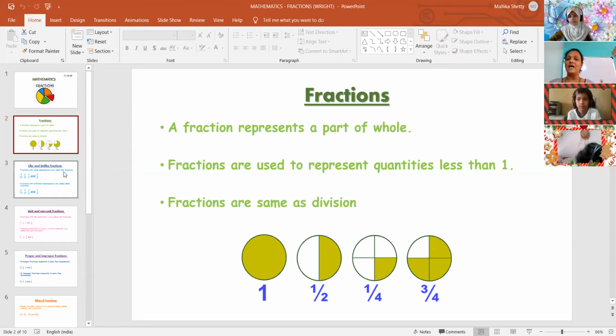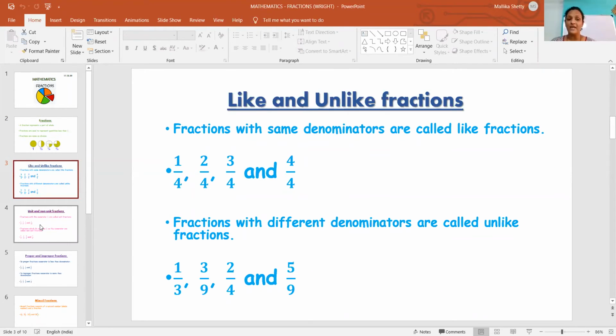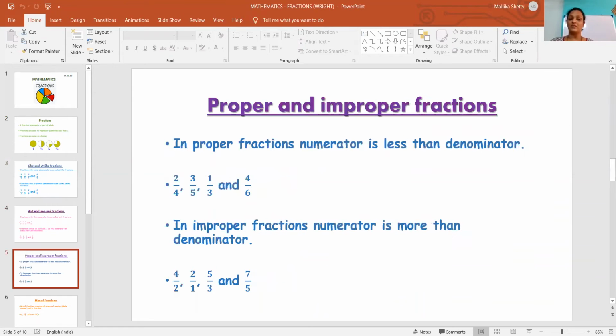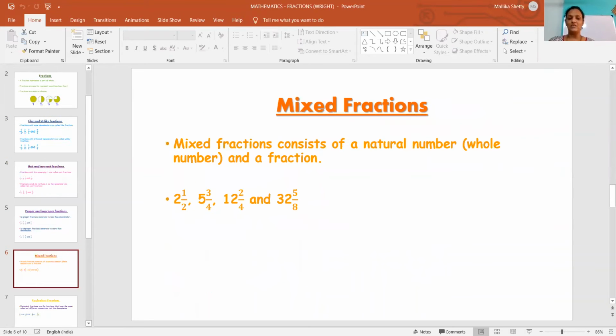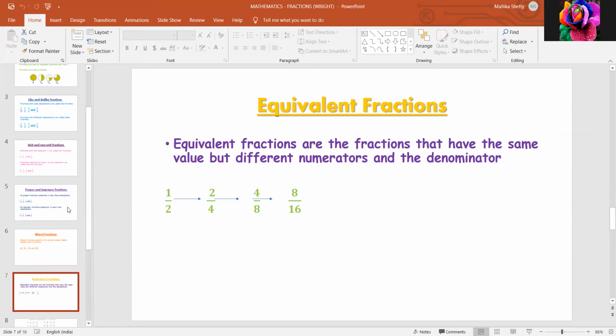We've done all this in the previous class also. What are like fractions? What are unlike fractions? What are unit fractions, proper and improper fractions, mixed fractions, equivalent fractions? Yes or no? Yes. And I hope so everybody.